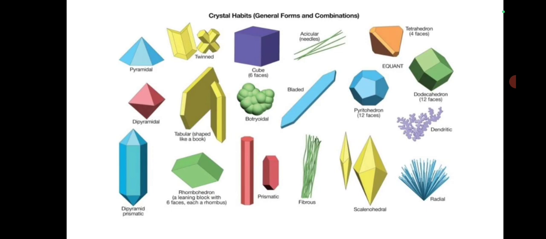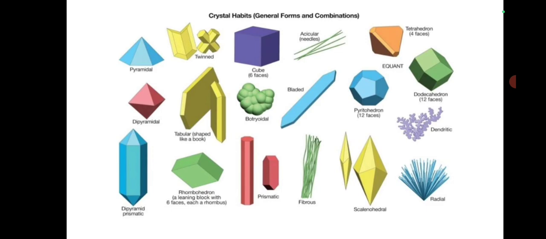Here you can see the green colored photograph near the center, between tabular and bladed, that is botryoidal. Here the mineral surface is in the form of rounded, bulb-like overlapping globules or projections. For example, hematite shows this globular form.